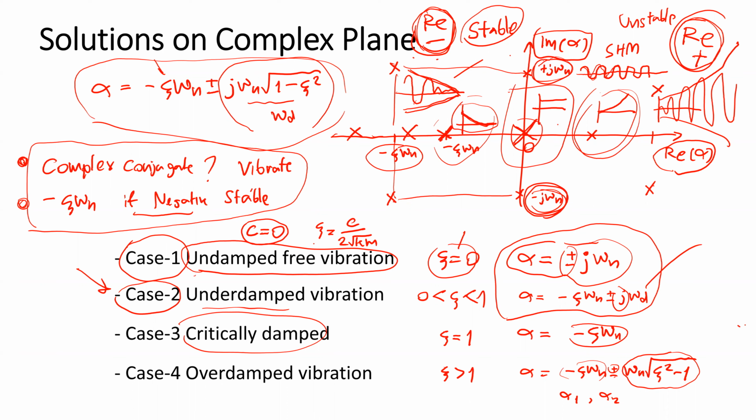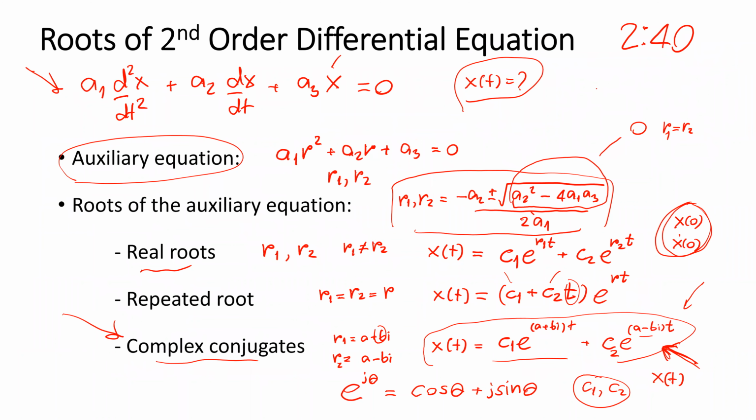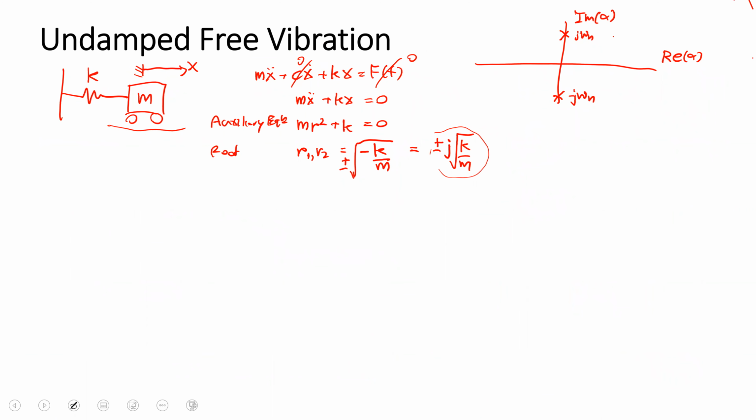Now, in the case that we see, we only see the complex conjugate and the vibration. The magnitude doesn't change, but we can see vibration. So it's a kind of simple harmonic.